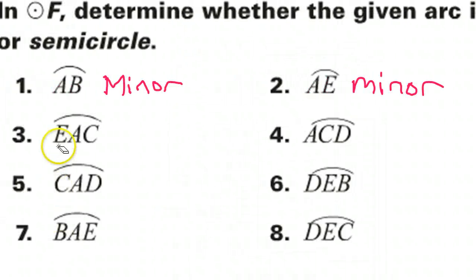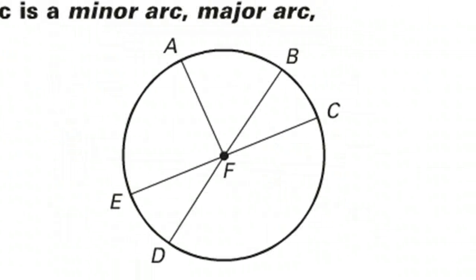Okay, now what about arc EAC? That means from E to A to C on the circle. By the way, I've had kids go from E to A and then cut through the circle or something. There's no cutting through the interior of the circle.